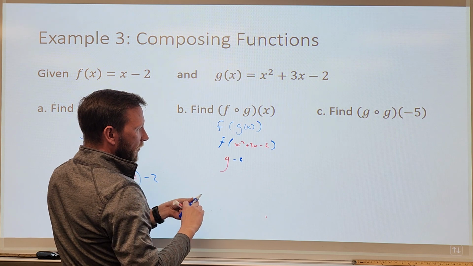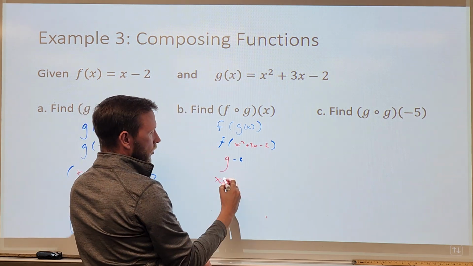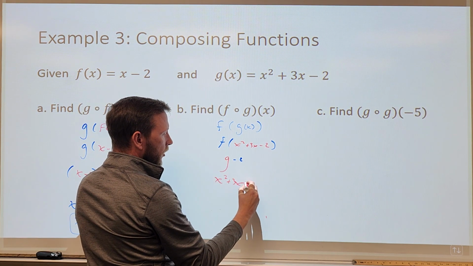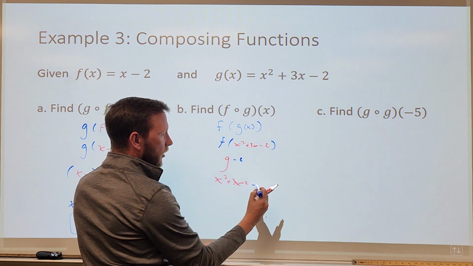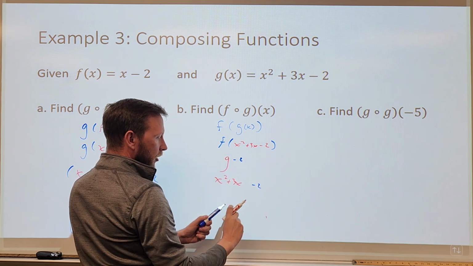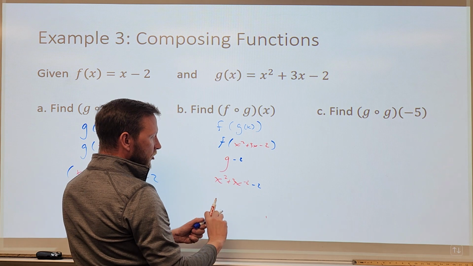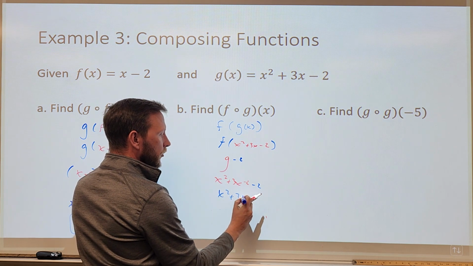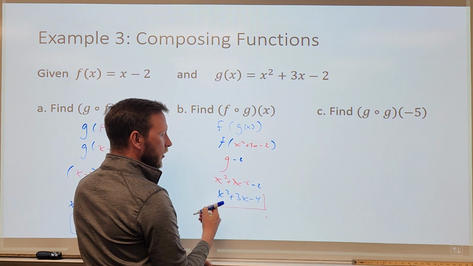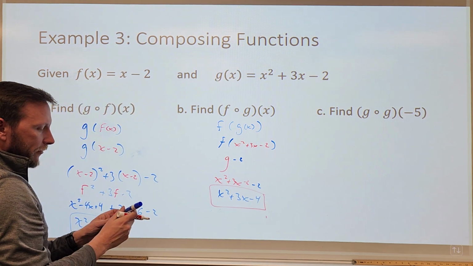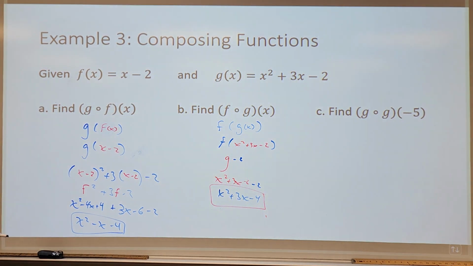So really all we have there is x squared plus 3x minus 2, and then we are subtracting 2 more. Sorry for the handwriting there, that's a minus 2. So this gives us x squared plus 3x minus 4. This is the composed function f of g of x.